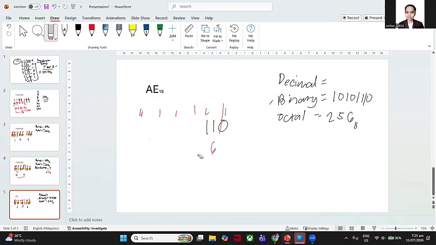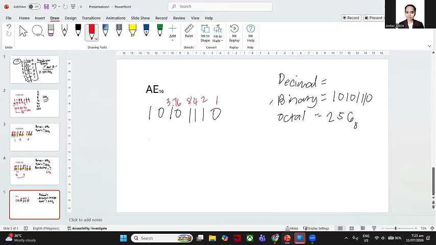Now we are going to rewrite the decimal. 1, 0, 1, 0, 1, 1, 1, 0. So we have 1, 2, 4, 8, 16, 32, 64, 128. We cross out the zeros.